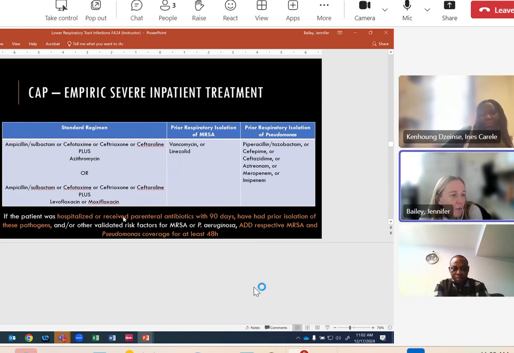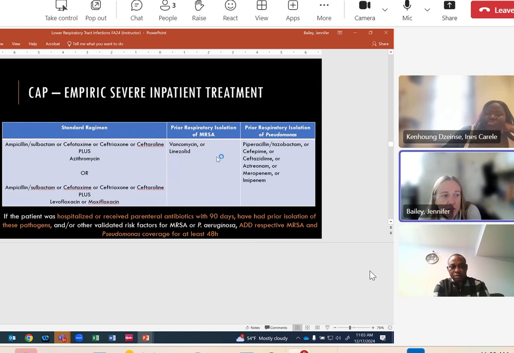Okay, and most patients who are in the ICU, or not most, I guess, but there are some additional risk factors. So we talked about, especially if they have received IV antibiotics within the past 90 days, you want to add both. You want to make sure that you're covering for both MRSA and Pseudomonas.